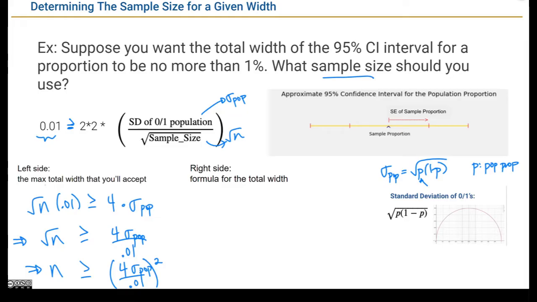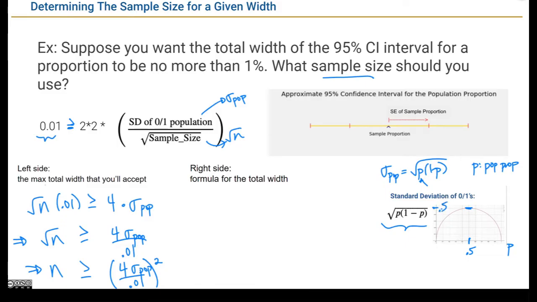But this is where I can use the actual graph and my knowledge about the standard deviation to my advantage. Because if we look here, p can only go between 0 and 1, which means the square root of p times 1 minus p, well, the biggest it'll ever be is when p is 0.5. And at that point, when p is 0.5, this quantity will be the square root of 0.5 times 0.5, which gets me back to just 0.5.